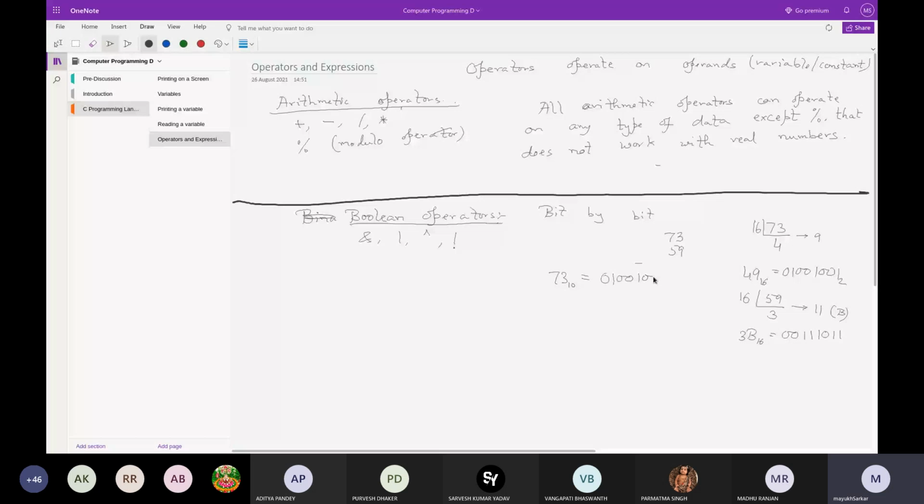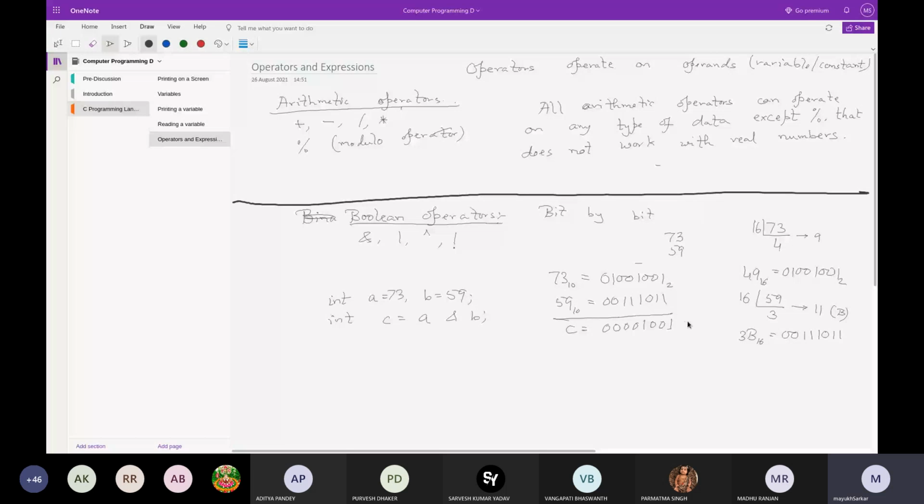Suppose in two variables I am storing these two numbers, okay, and in another variable, if you want to store their Boolean AND, then C will get 00001001. So eventually it is going to get only 9.